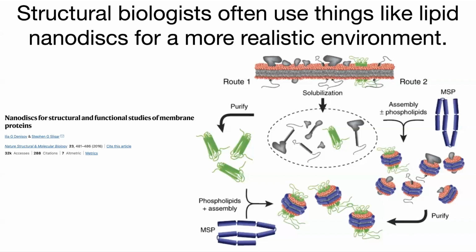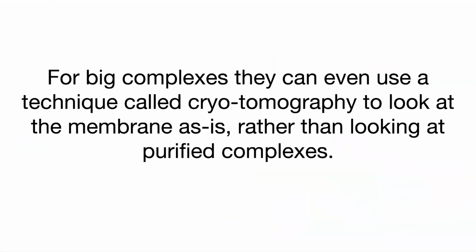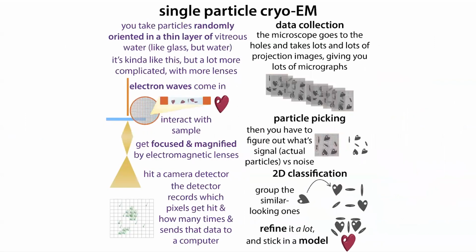And so they can use these nanodiscs to purify these complexes surrounded in a lipid bilayer that they can then use for structural studies. Speaking of structural studies, for big complexes, they can even use a technique called cryotomography, where basically they look at the membrane as is, rather than looking at purified complexes. So tomography is becoming a really big thing. Single molecule cryo-EM is still a huge thing too, where you're looking at purified proteins.